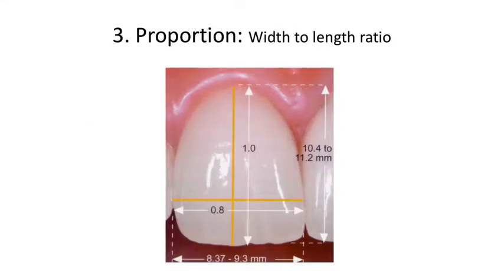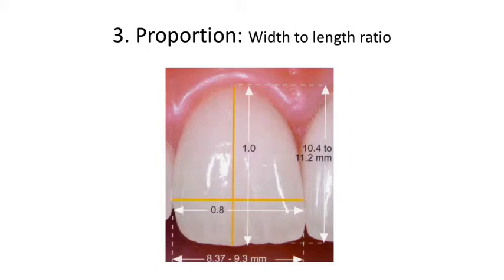If we talk about the width to length ratio of the teeth, we're talking mainly about the front teeth here. In a study that looked at thousands and thousands of natural, unworn, unrestored front teeth of people of all ages and all races, it was found that ideally the teeth should be about 80% as wide as they are long.